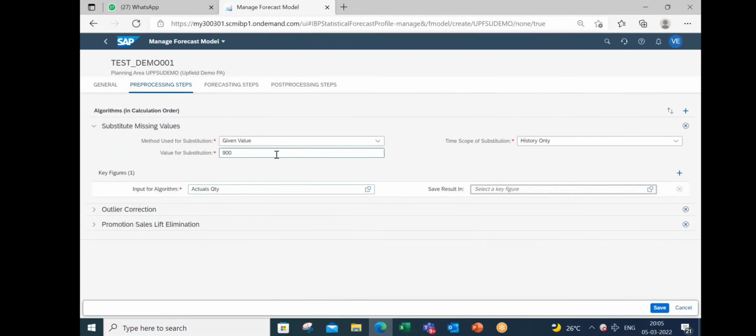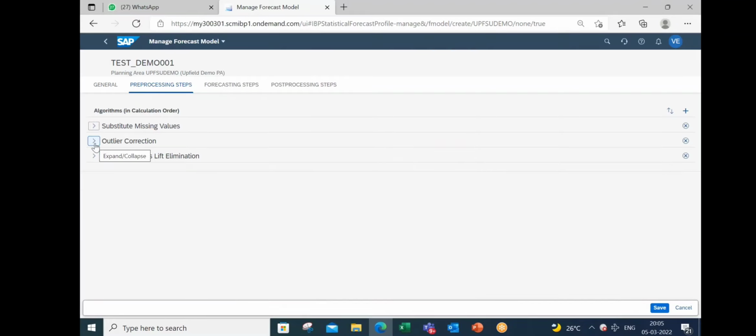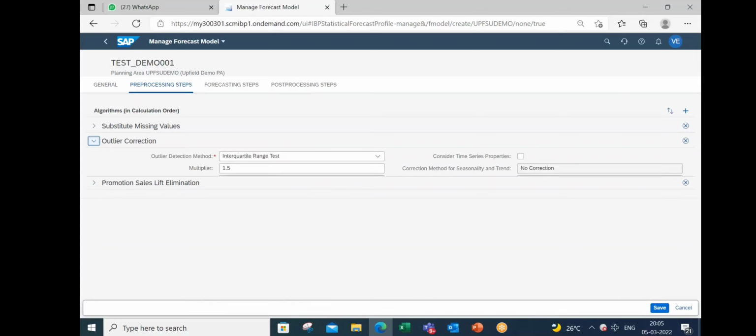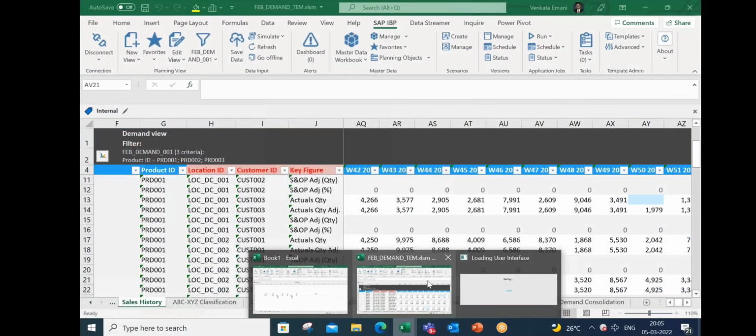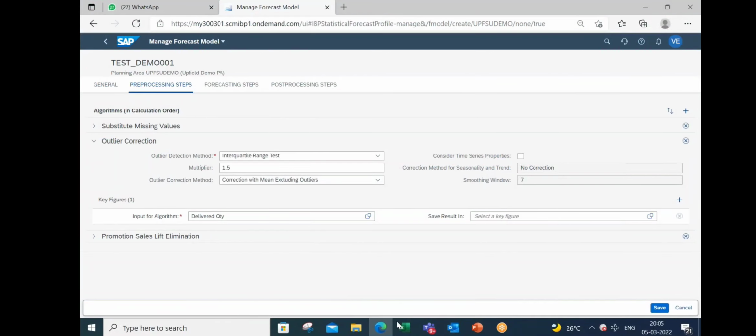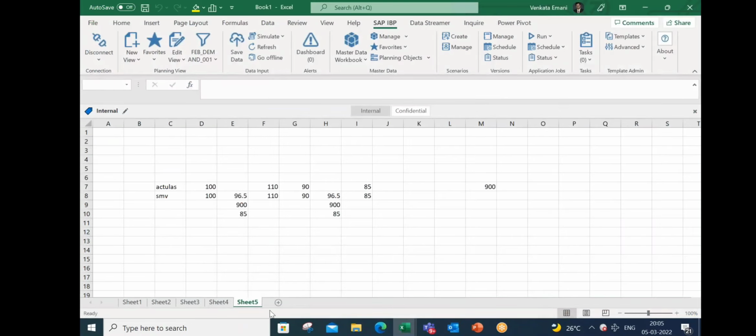Okay, you understood missing values? Any doubts in substituting missing values? No, we are fine. Okay, so next is outlier correction. So what is outlier correction? In our history, we can have some outliers, right?